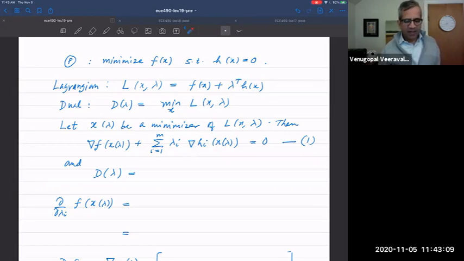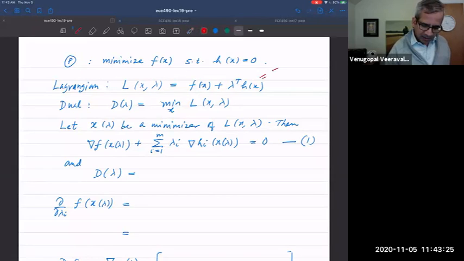You could also write it in matrix form, like we saw in some earlier lecture when we were talking about the Lagrange multiplier theorem. I thought it would be a little less confusing writing it in terms of the gradients of the h_i. So this is just the summation of lambda_i times the gradient of h_i.